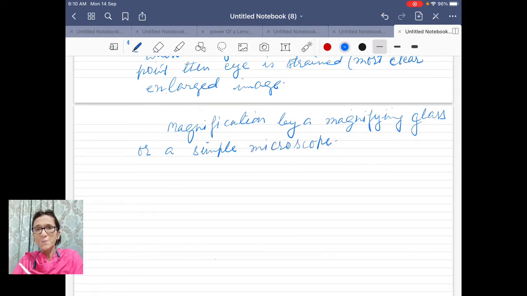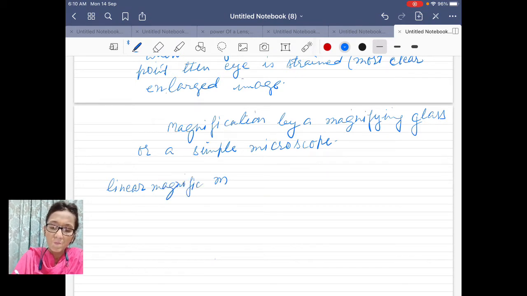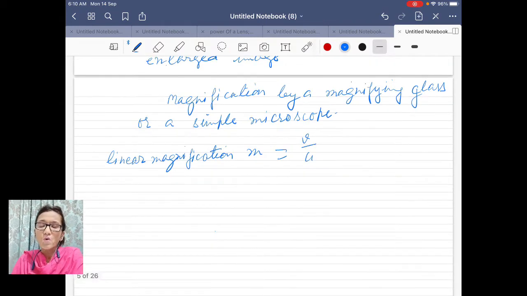The simple microscope is only a converging lens, and you know that linear magnification M is equal to V upon U. Here you have V placed at near point, so I'll replace this V with minus D.